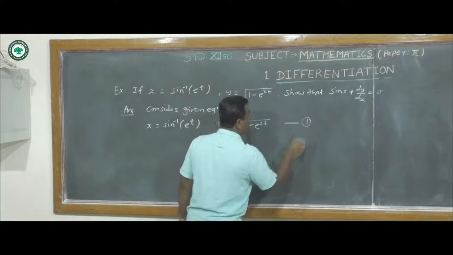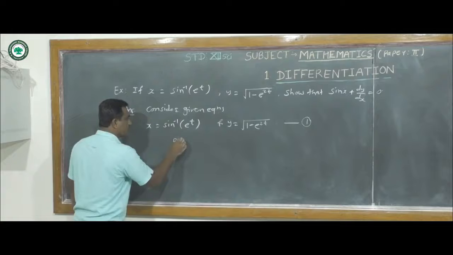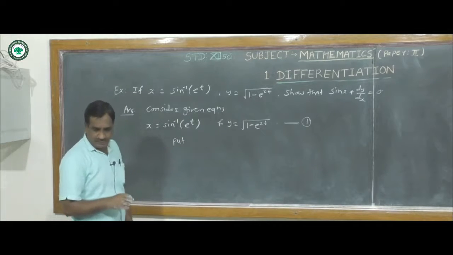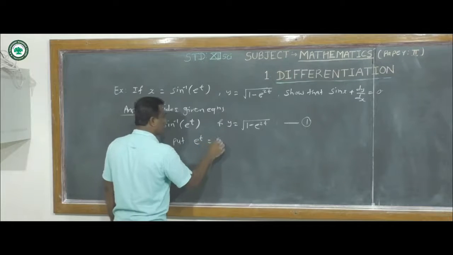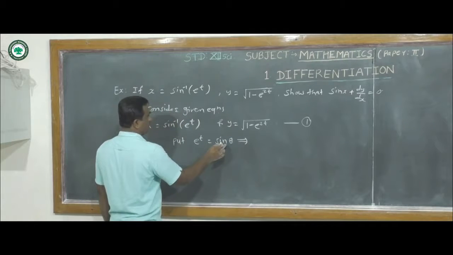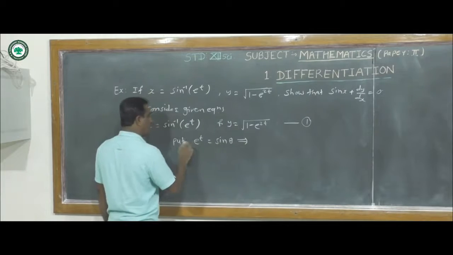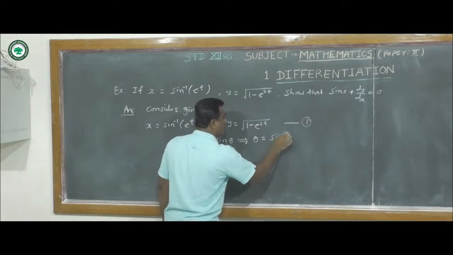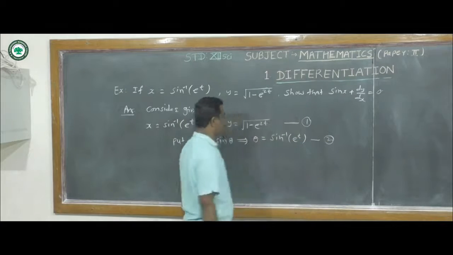So this is equation number first, and using substitution, put e raised to t equal to sin theta. This implies that theta is equal to sin inverse of e raised to t. So this is equation number second.